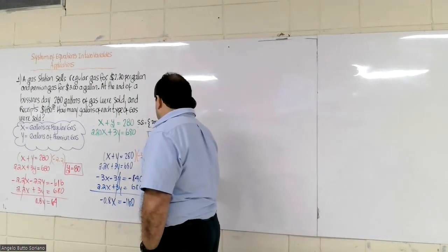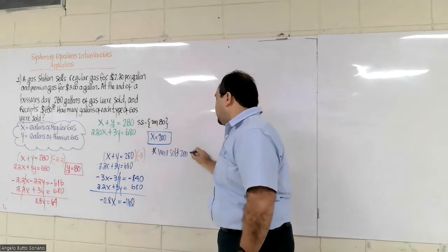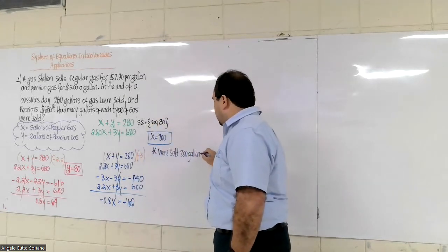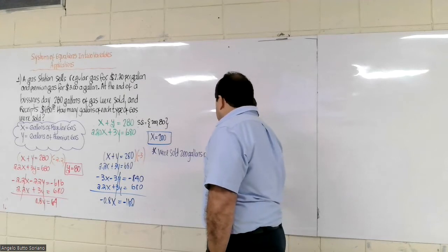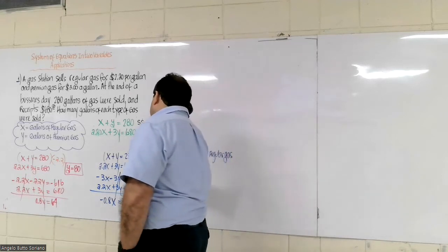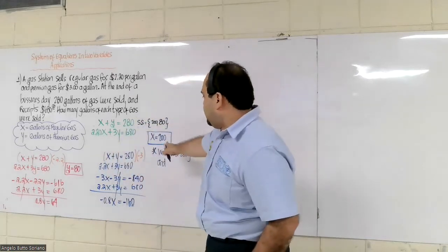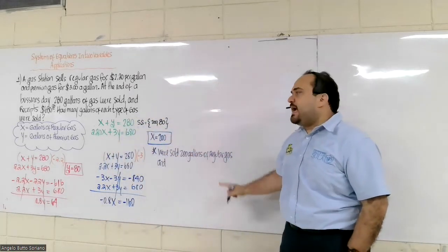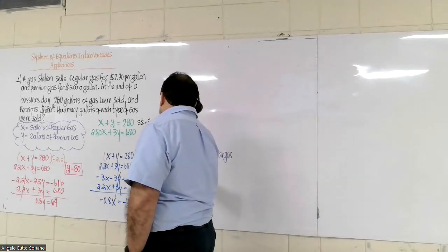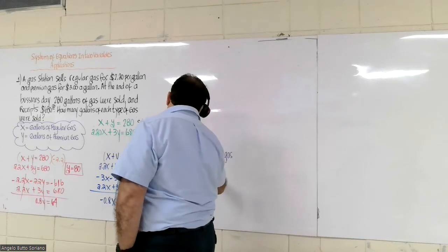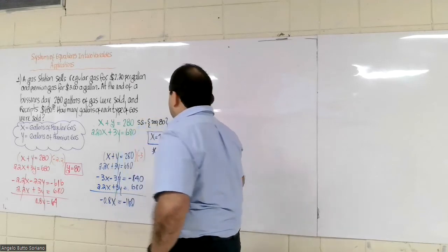So you're supposed to respond: 200 gallons of regular gas and 80 gallons of premium gas were sold.